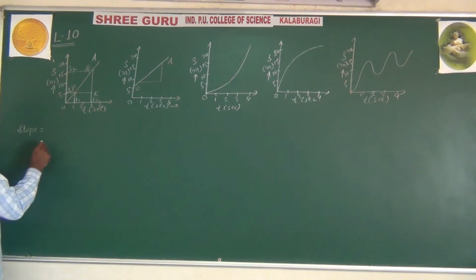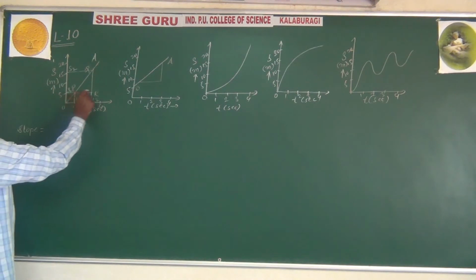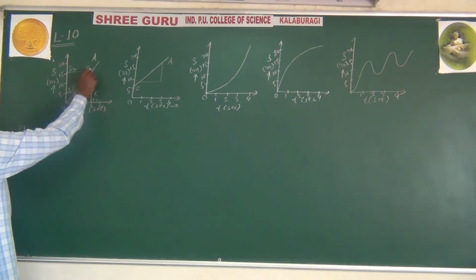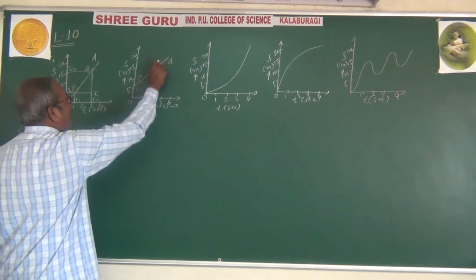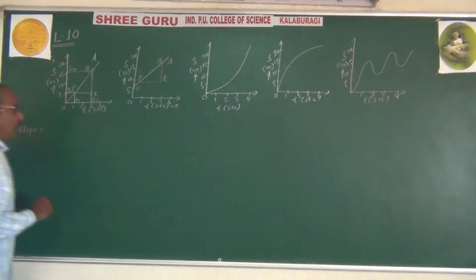So slope is nothing but tan theta, which is opposite divided by adjacent, for this triangle PQR.